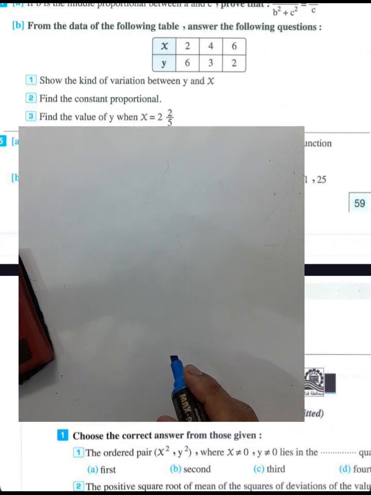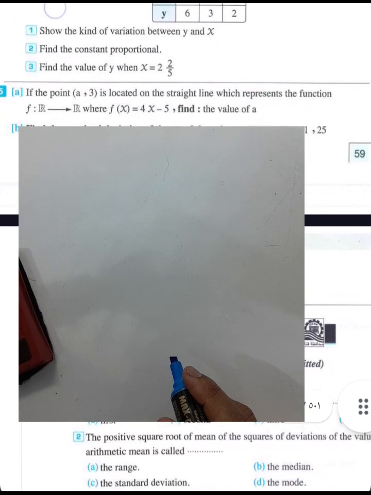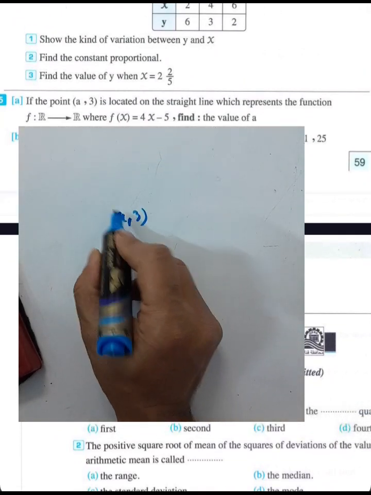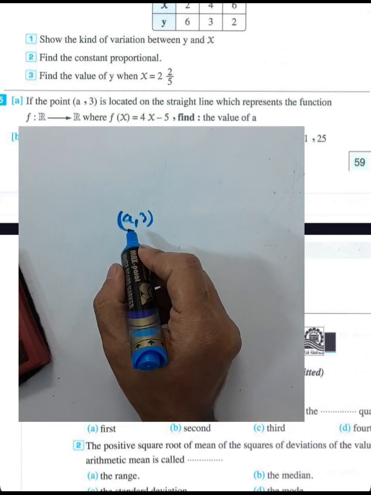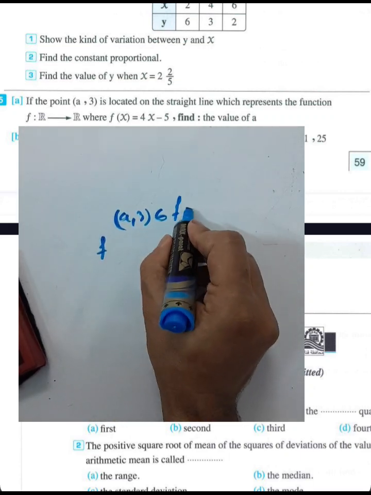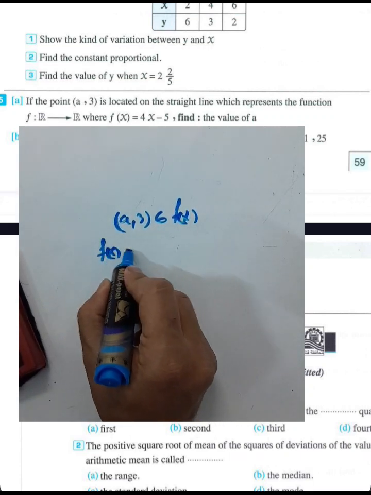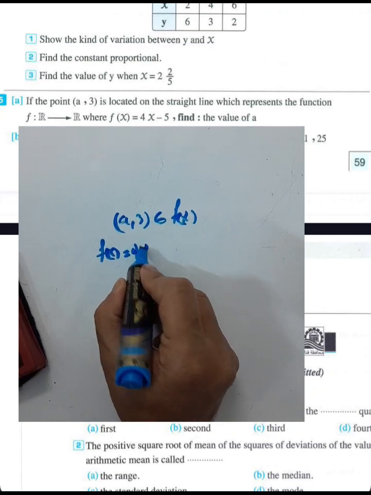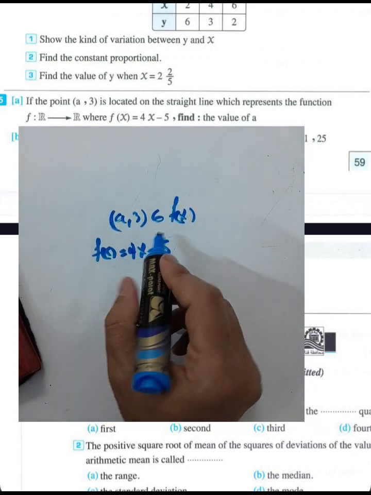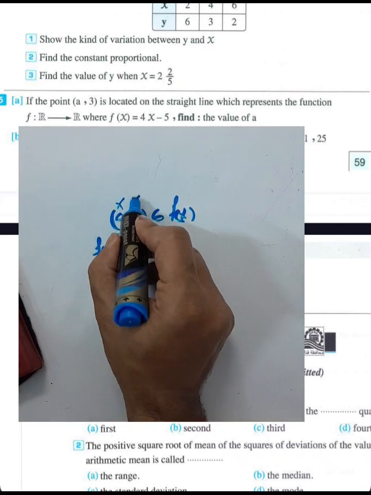Next example, we have a relation here. The point (a, 3) is located on a straight line which represents the function f of x, such that f of x equals 4x minus 5. You want to find the value of a. Put x equal a and y equal 3.